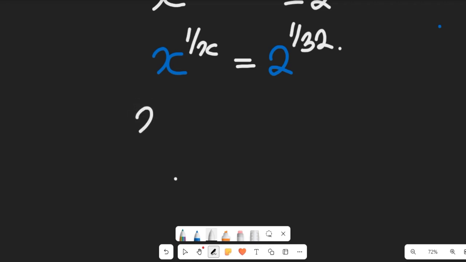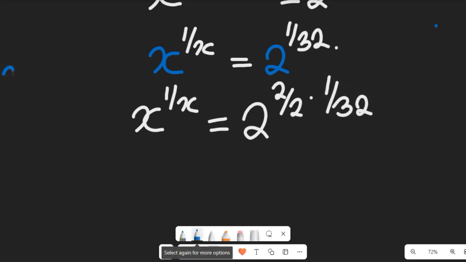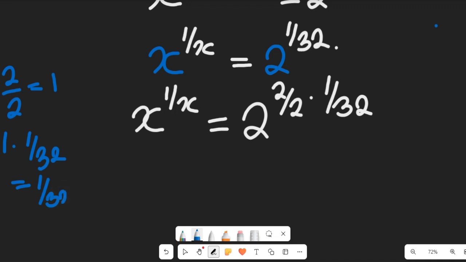If I have x to the power of 1 divided by x, this can be equal to 2 to the power of 2 divided by 2 multiplying 1 divided by 32. You can see 2 divided by 2 is still equal to 1, and 1 multiplied by 1 divided by 32 is still 1 divided by 32. So I have not changed anything in that expression.